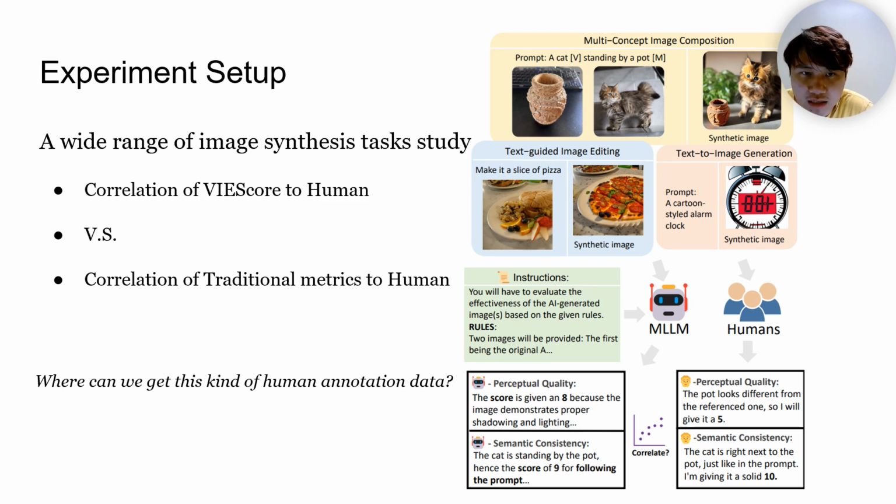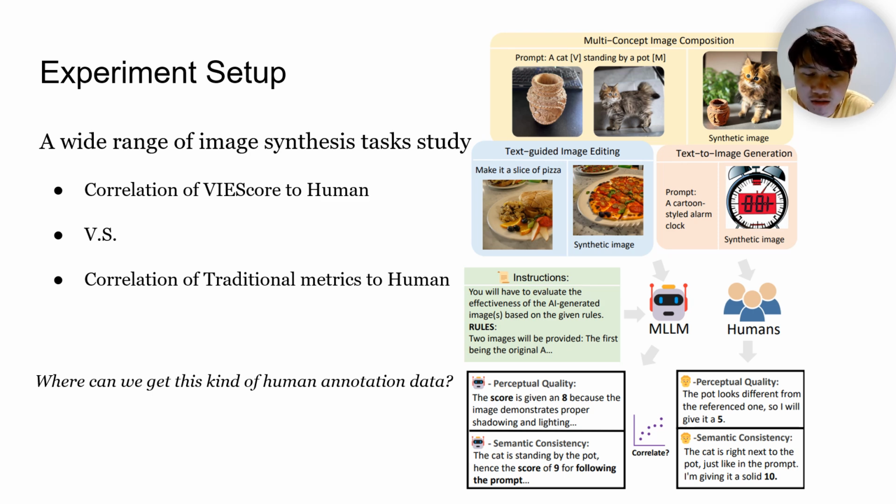We have several tasks on the top, and for each task we feed a task-aware instruction, the conditions, and the synthesized image to the MLLM. At the same time, we asked 3 humans to do the same evaluation. Then we compare the results to check the Spearman correlation.